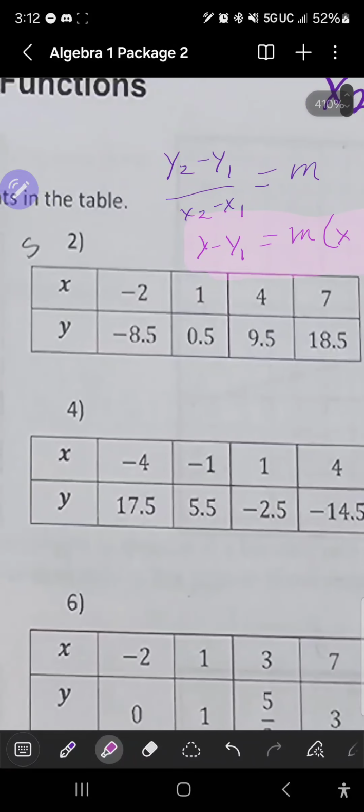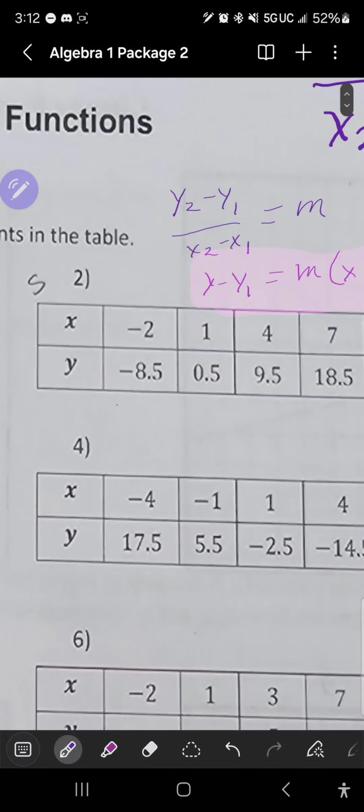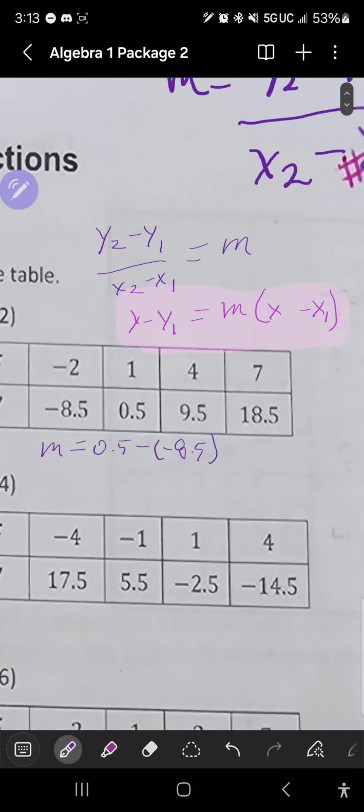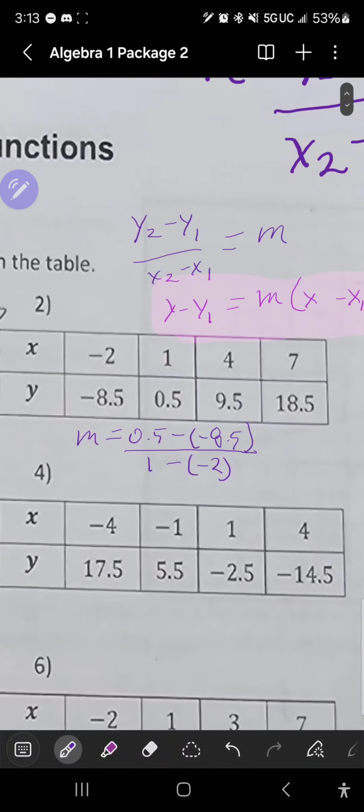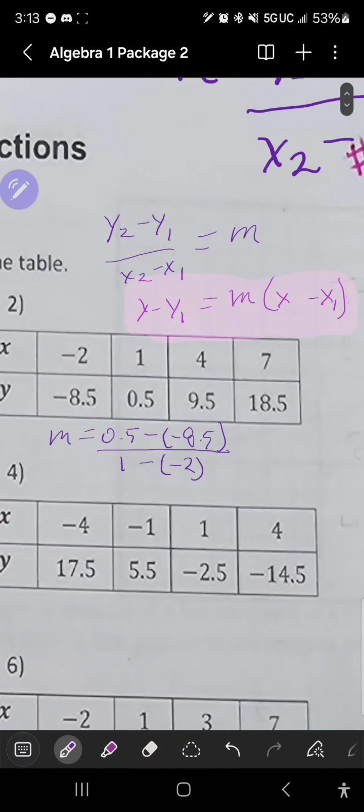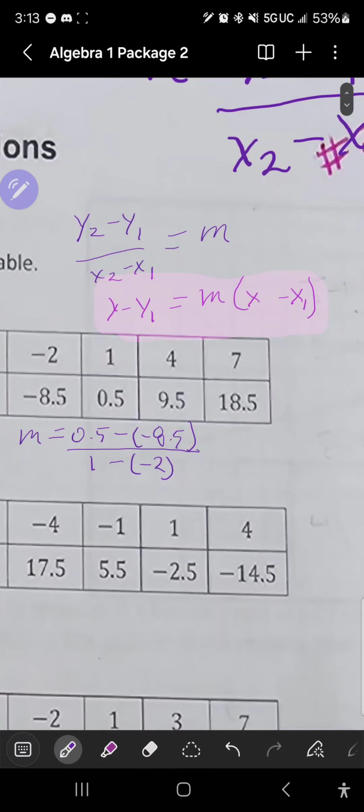Now for number 2, basically the same, we're going to calculate the slope. So slope is y2, 0.5, minus y1, negative 8.5, over x2, 1, minus x1. This all will become positive, since it's minus and minus.